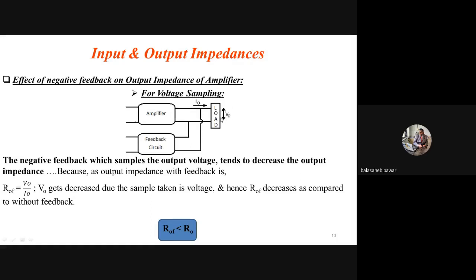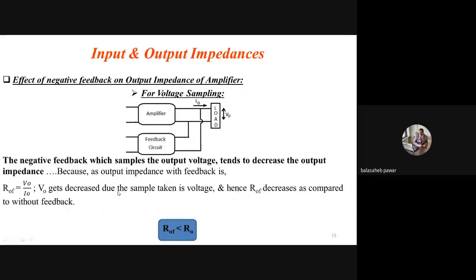For example, suppose we are getting the output voltage as 3 volt peak to peak. From that 3 volt peak to peak, if a small signal, for example 1 volt peak to peak, I sample and feed back to the input side, the available output voltage will be only 2 volt peak to peak, because that 1 volt peak to peak sample I fed back to the input side, and that's why we are calling it with feedback.